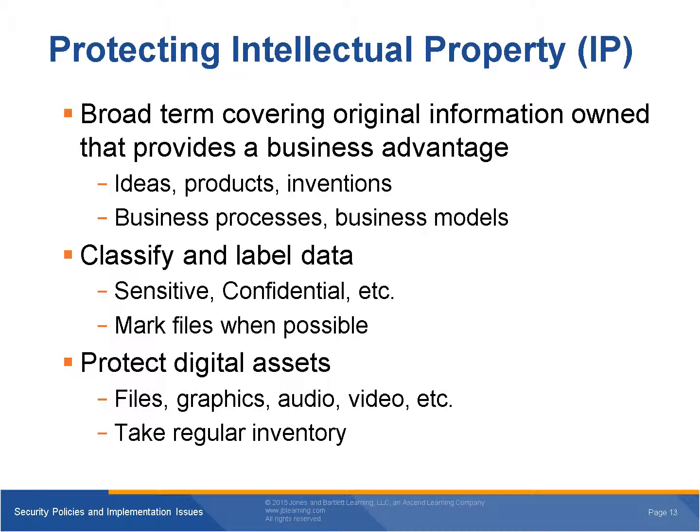They classify and label data, sensitive, confidential. That is, how valuable is that information to the organization. And then mark files when it's possible for that classification and label. And then protect digital assets, the files, the graphics, audio, video, and also take regular inventory of those files.